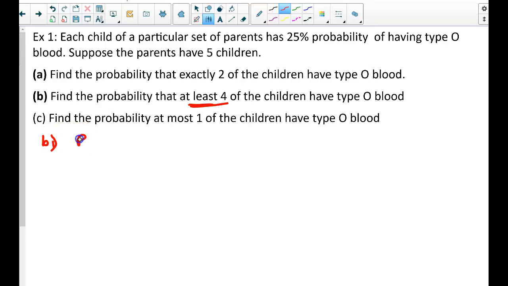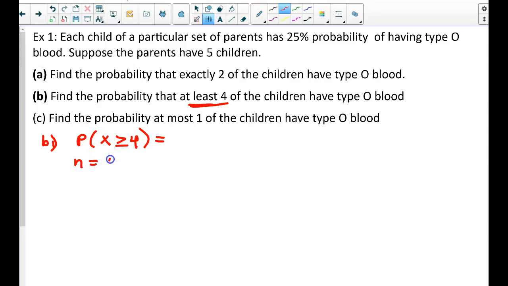So you're going to count up. So we want greater than or equal to 4. And when you have an at least, or like the next problem, at most, it's the same process except you're going to do it multiple times.